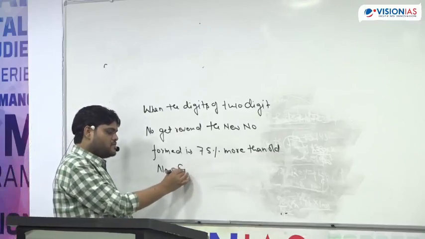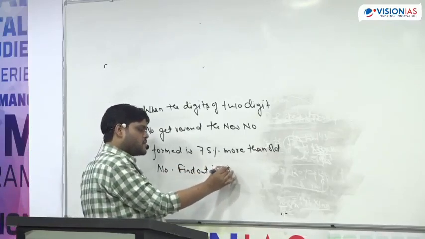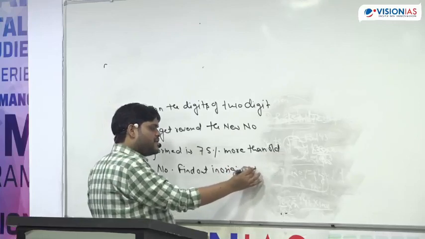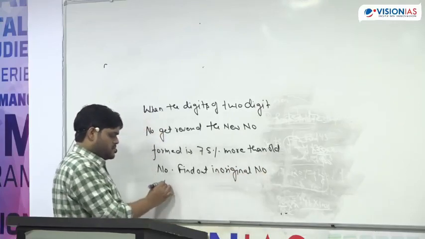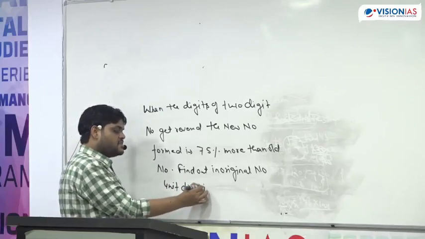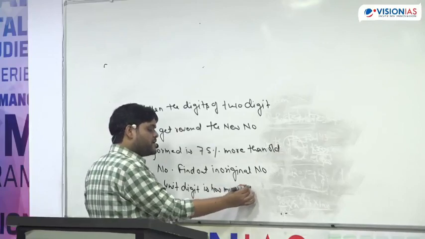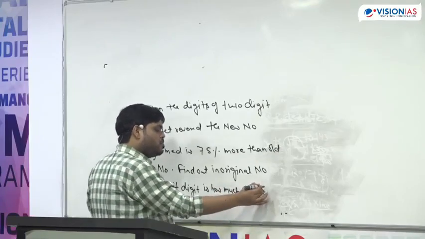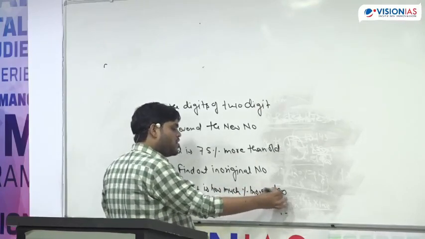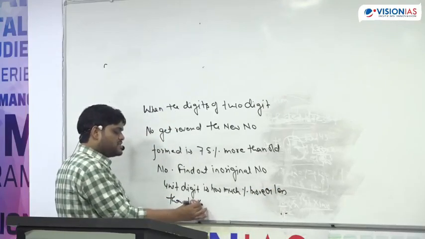Find out in the original number, the unit digit is how much percent more or less than the 10th digit.